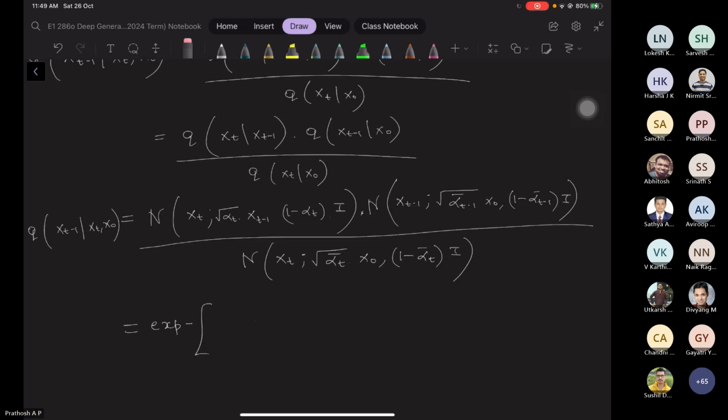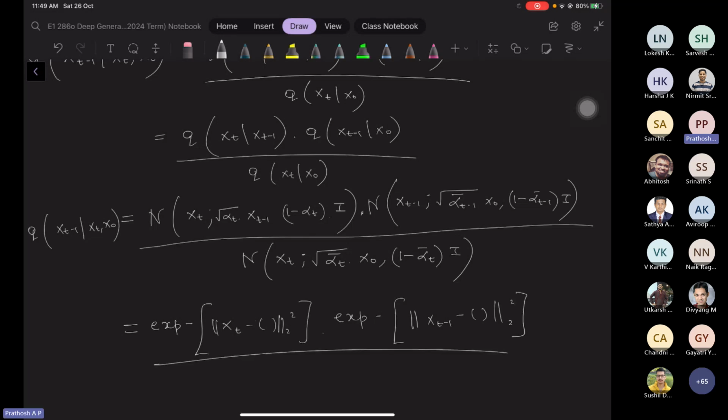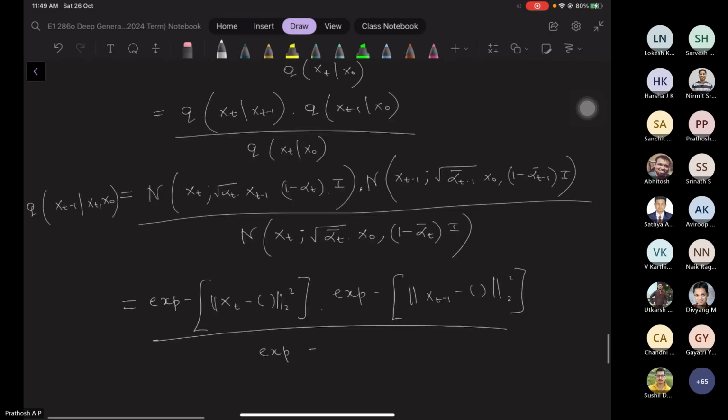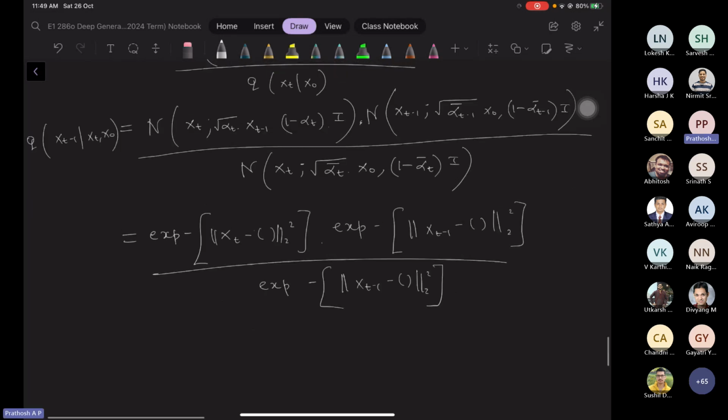It will be xt minus some mean squared, times e power minus xt minus 1 minus some other mean squared divided by the same thing, e power minus, and so on, right?